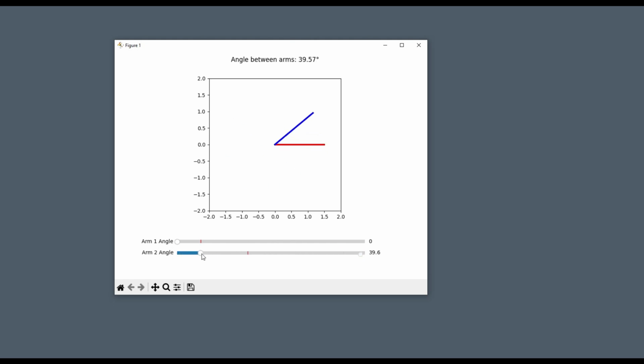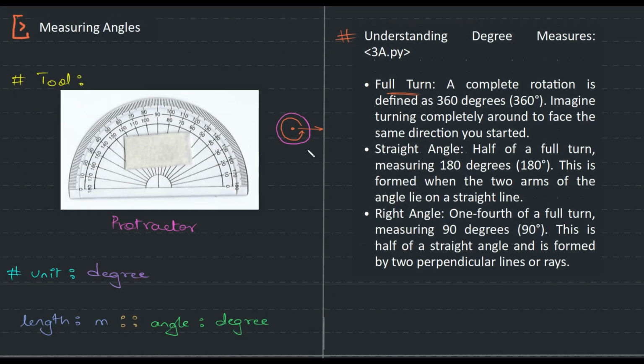Again, this would be half the turn, a bit more than half, three-quarters of the turn, and this is one complete full turn. Quite simple, is it not? If someone turns a full turn, they are said to have turned 360 degrees.